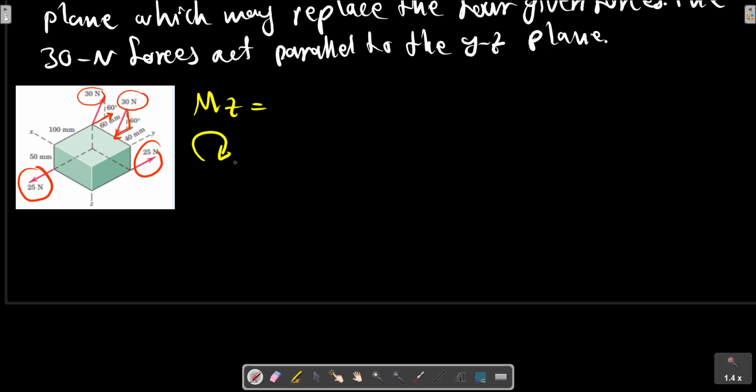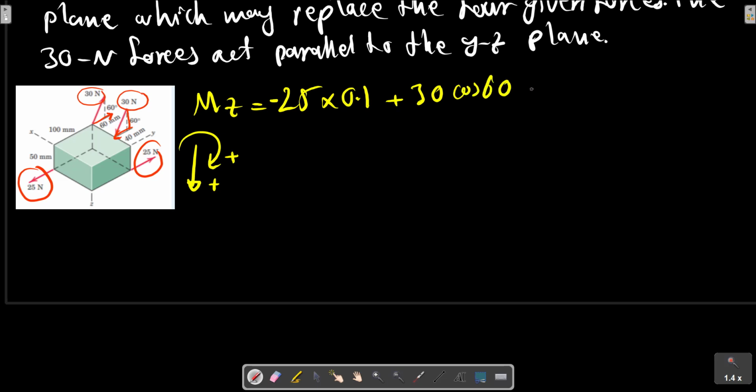x, y, and z. Z is plus, and counterclockwise is plus. Mz equals 25 multiplied by 1/10 with the minus sign, plus 30 cosine 60 multiplied by the distance between the two forces, 6.